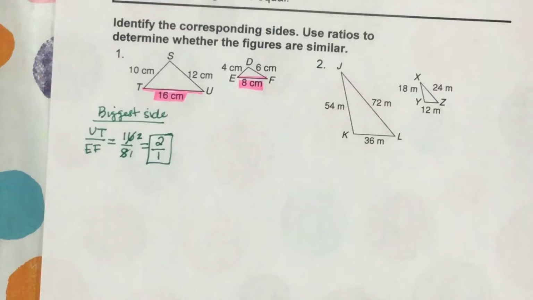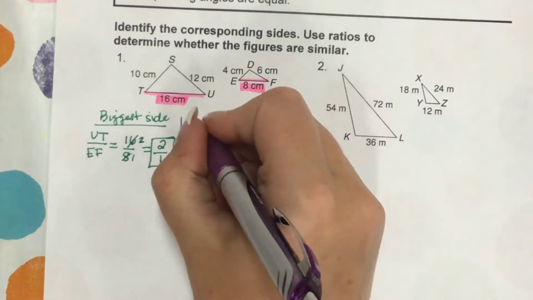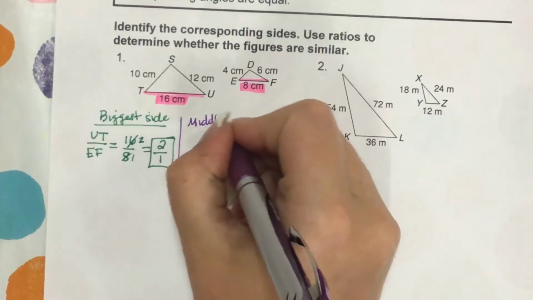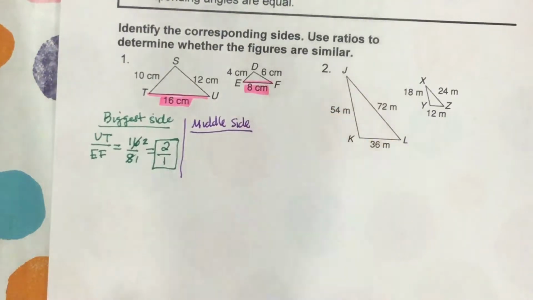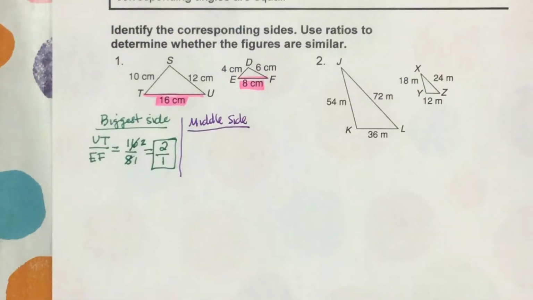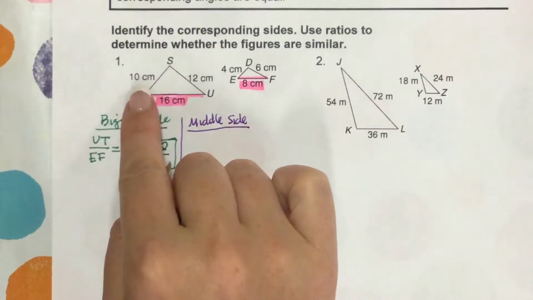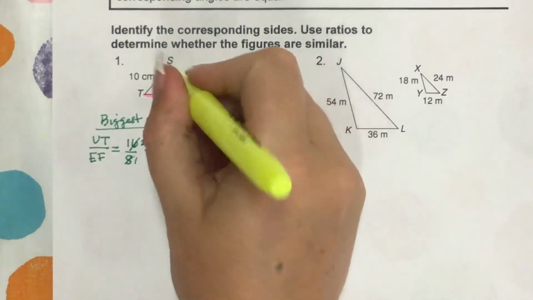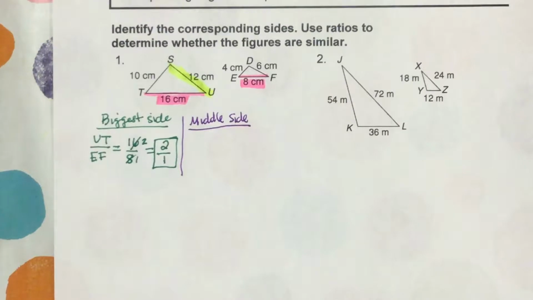Now, let's talk about the middle side. We're going to be talking about the number in the middle. Looking at these, I know that 10 is the smallest, so that means that SU would be the middle side.